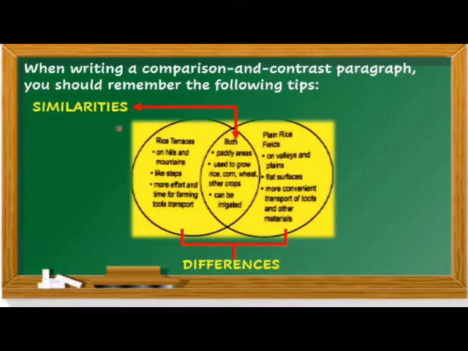When writing a comparison and contrast paragraph, you should remember the following tips. The similarities are written here inside this area, and the differences are written here in the both sides, both ends.